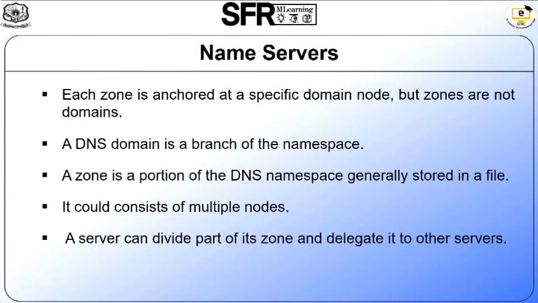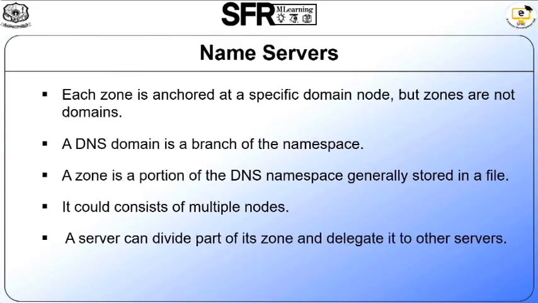Next, name servers. Each zone is anchored at a specific domain node, but zones are not domains. A DNS domain is a branch of the namespace. A zone is a portion of the DNS namespace, generally stored in a file, and it consists of multiple nodes.